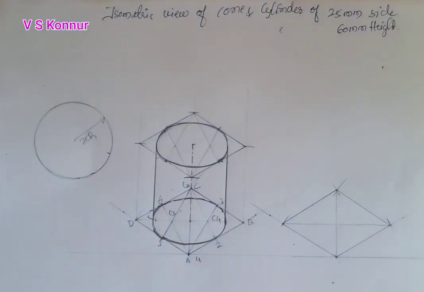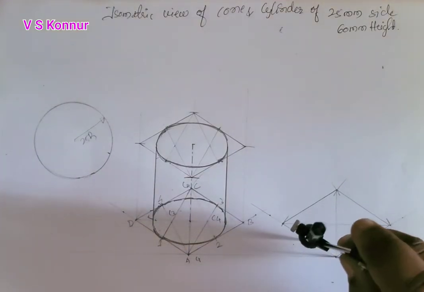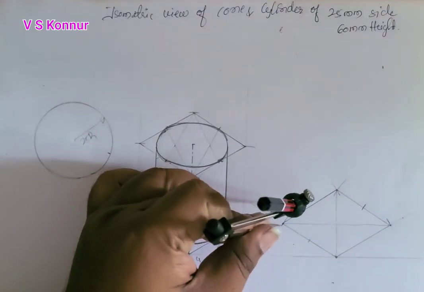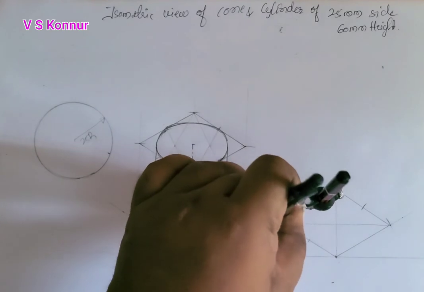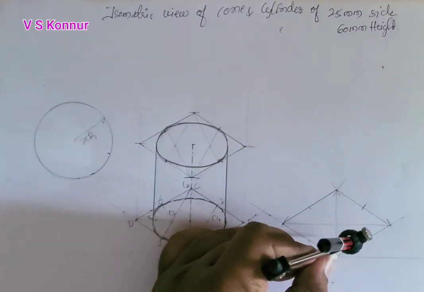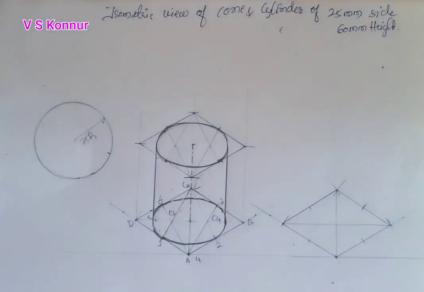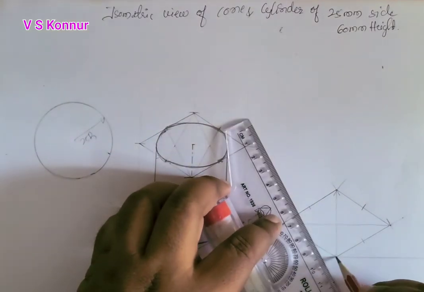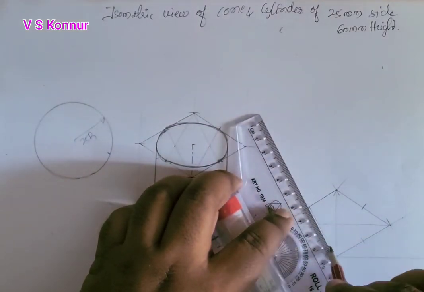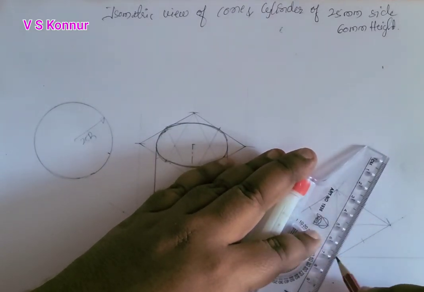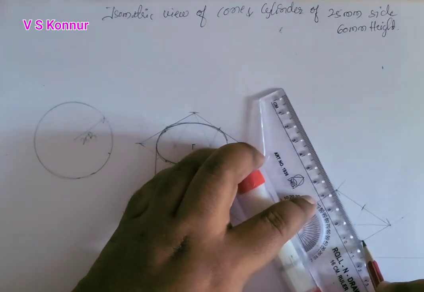In between 20 and 21 you have to take, because with 20.41 you will not get the exact center, that is the problem. Because there is variation. Now I'll join the opposite. This center to the C point.